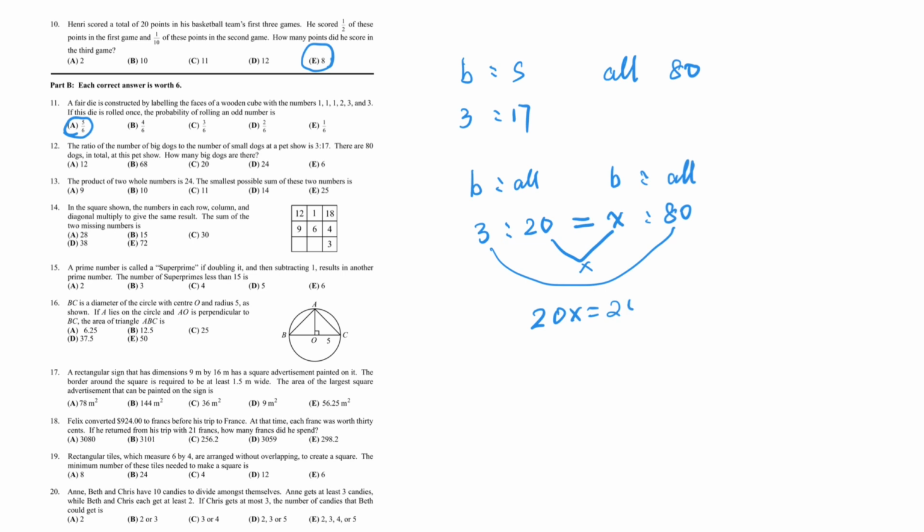That's 240. Divide both sides by 20. Cancel the 20 on the left side, leaving x. On the right side, cancel 10, cancel 2. That's 12. So x equals 12. Therefore, the answer is A.